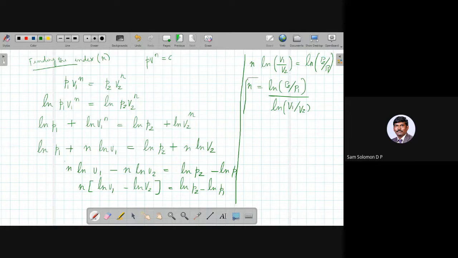Sometimes in the problem, they give you the values of the state points, and sometimes they ask you to find the value of this n also. So they ask you to find the value of the index of compression or expansion. Sometimes that also happens. Okay. Is that clear? Yes, sir.